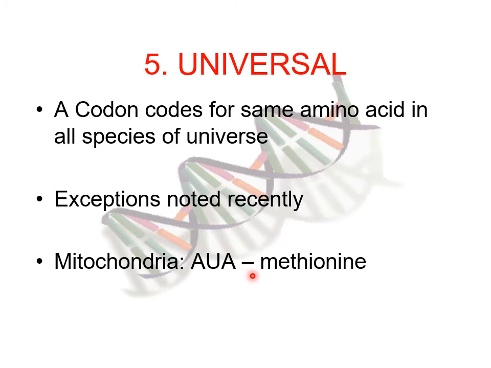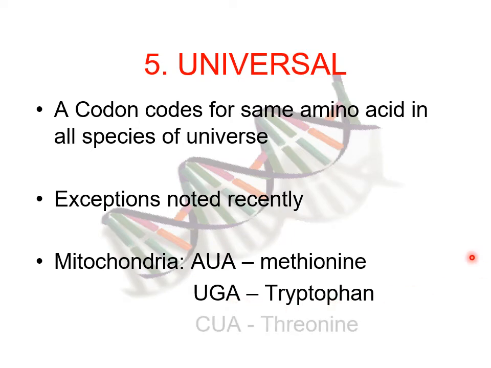So AUA in mitochondria is for methionine, whereas in the nuclear DNA, it is isoleucine. Similarly, UGA, which is a stop codon, codes for tryptophan in the mitochondria, and CUA, which is for leucine, codes for threonine in case of mitochondria.